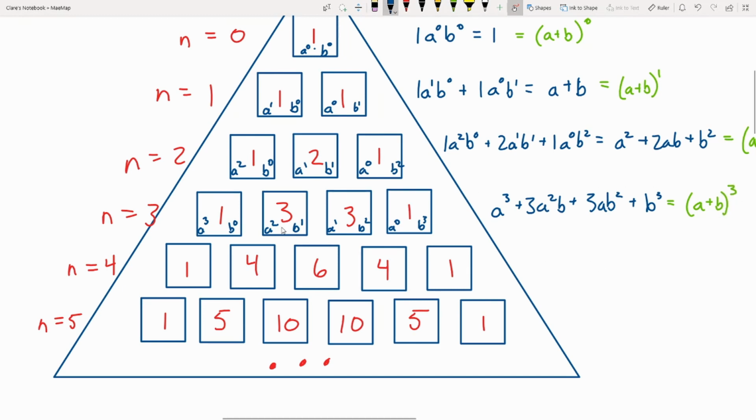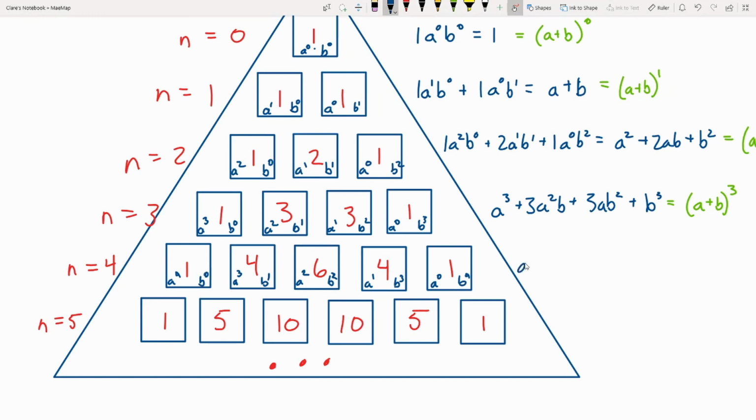Now, if you get the pattern, feel free to fast forward, but I'll go through this a little more quickly now. So starting with a degree of 4, we have a to the 4th, a cubed, a squared, a to the first, a to the 0. Then working right to left, we'll do b to the fourth, b cubed, b squared, b to the first, b to the 0.